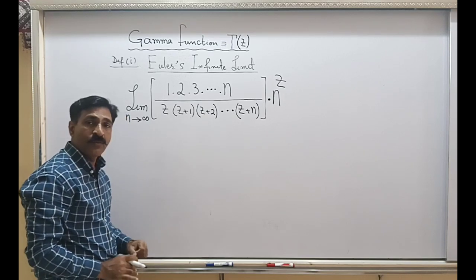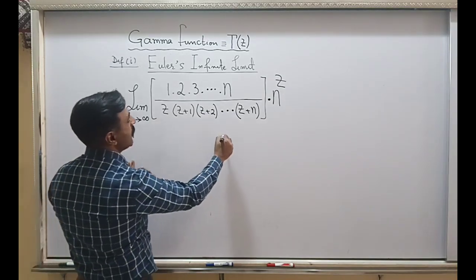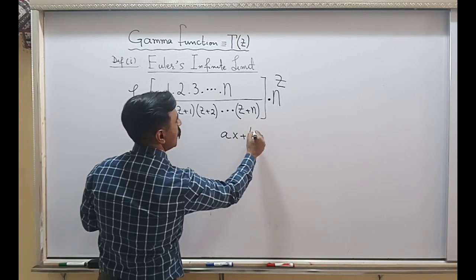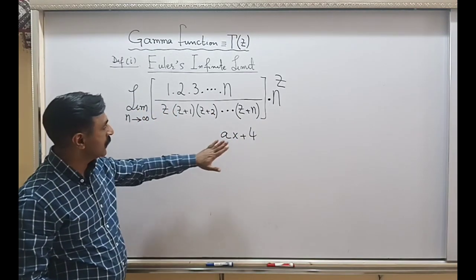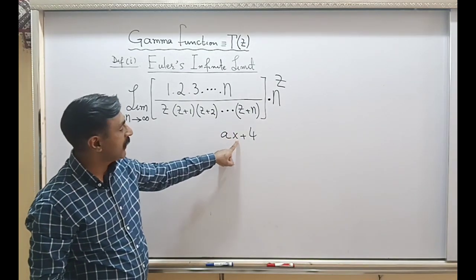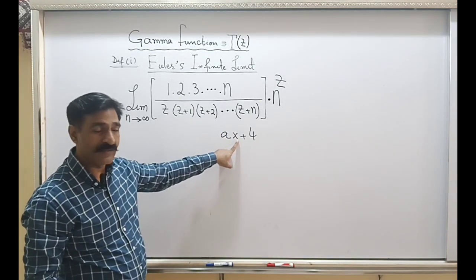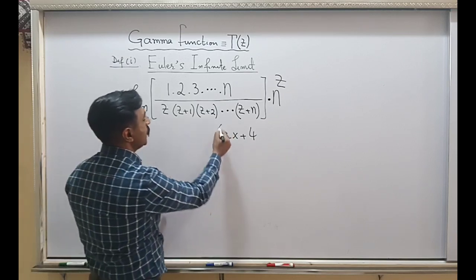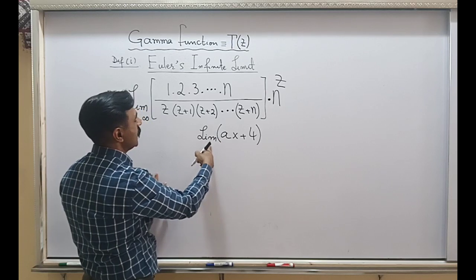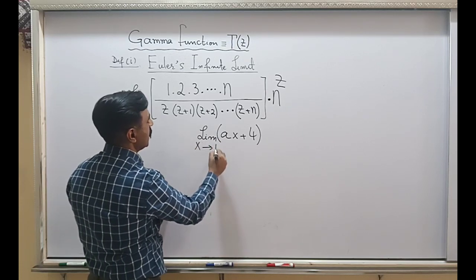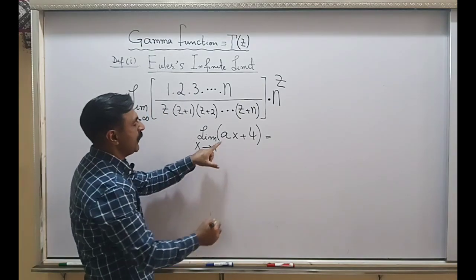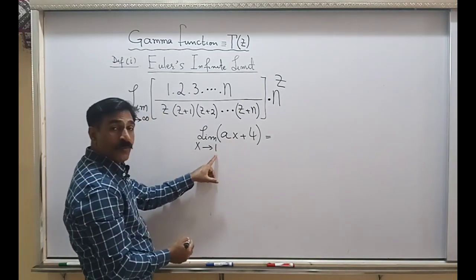Let's check it with the help of an example. For example, if you have ax plus 4, for example, now this is a function of two variables. One variable is a and the other variable is x. But if you apply this limit, this condition on x, for example, then evaluate this limit. And evaluation of this limit means x will be replaced with 1.